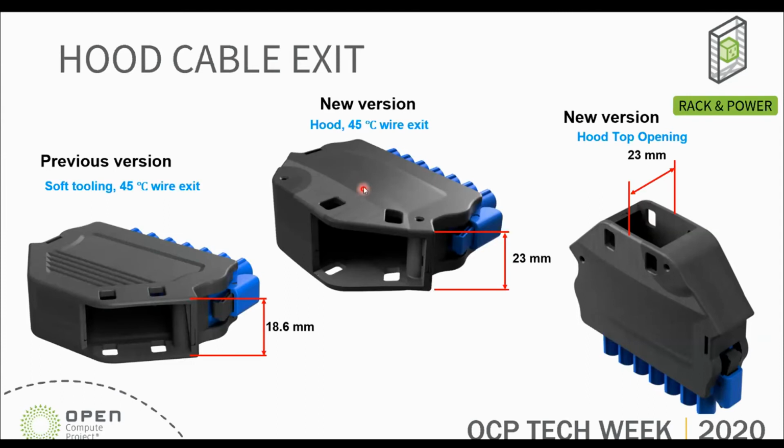That means we can have the 45 degree, and we also have a top opening, so the cable comes right out of the rack. Some might need that as well. Another thing we changed was that it was 18.6 in the prototype version, and we increased the opening to 23 millimeter, to the max.